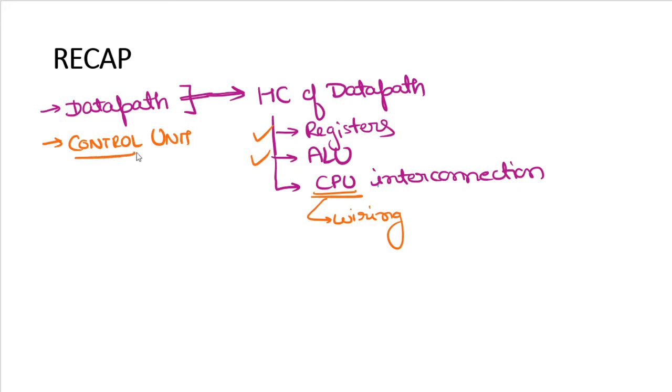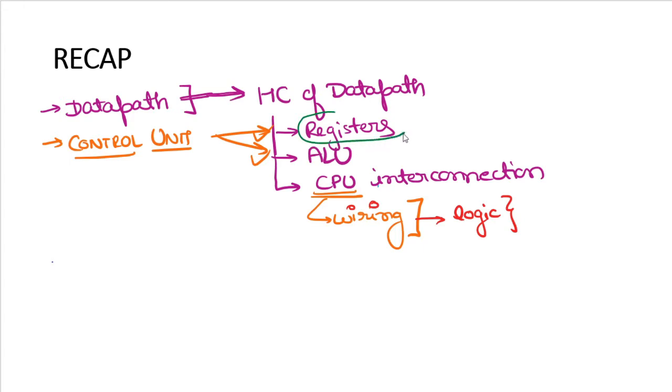So control unit, registers, and ALU, and all the hardware components. It is nothing but wiring between the hardware components. And this is quite important because it is the one that decides the logic. It is used to implement the logic, right? Wiring decides the logic.